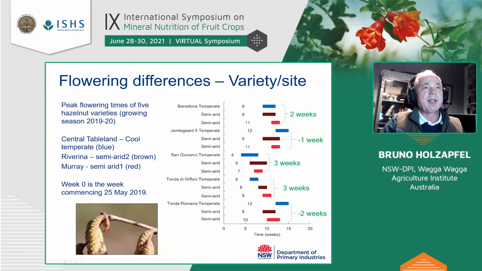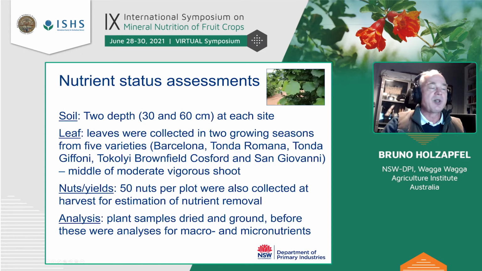We see here that Tonda Gentile is earlier in the temperate climate, and the semi-arid is later. And that again is different with Tonda Romana, which flowers later in the temperate. So that's an important consideration when you take nutrient status assessments.